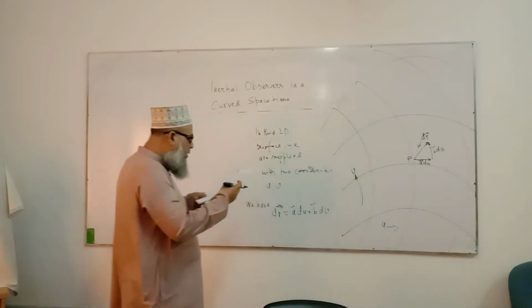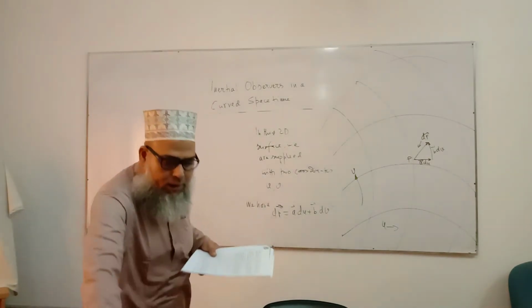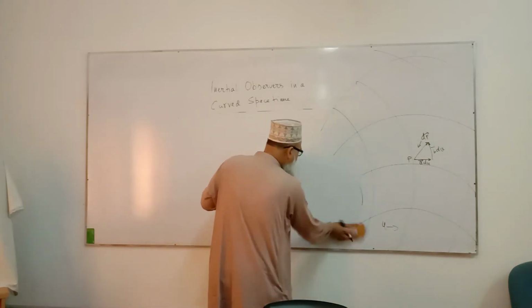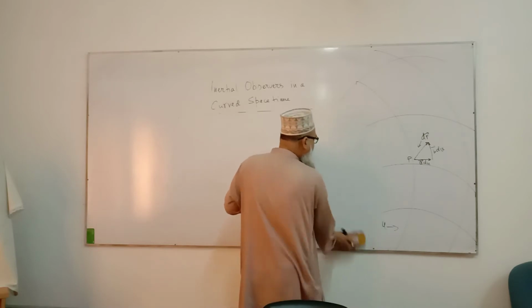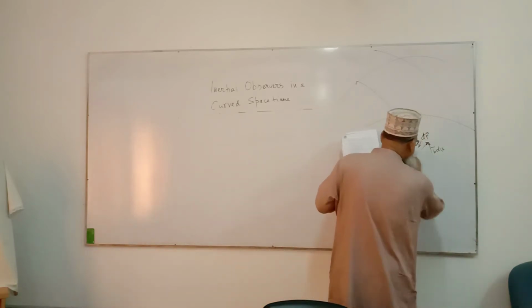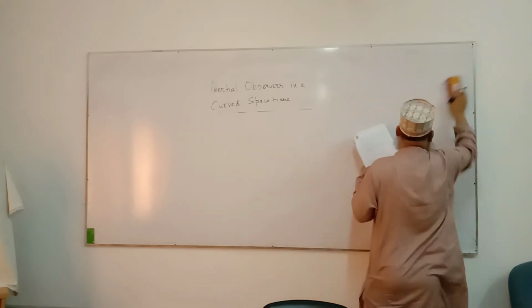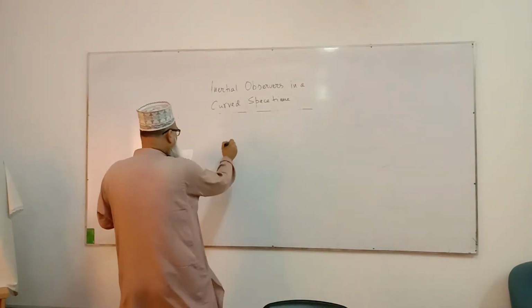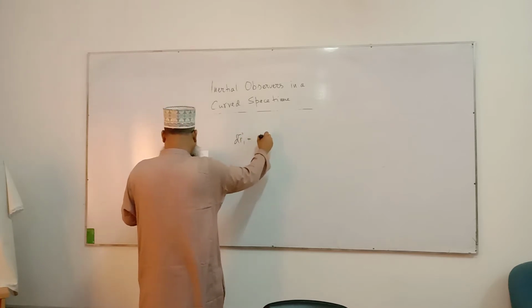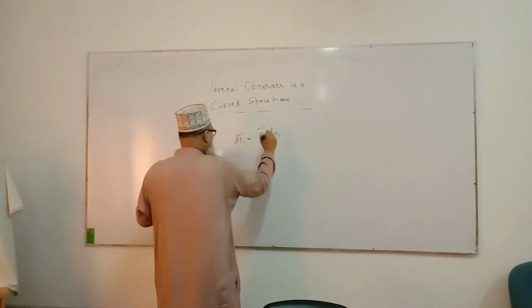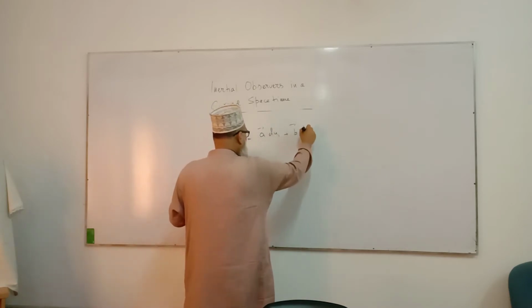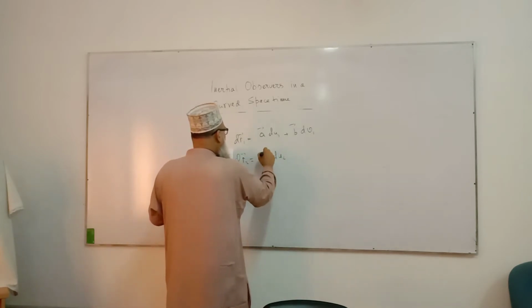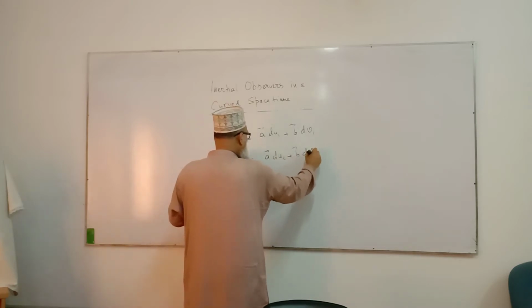Okay. Now take two vectors dr1, dr2. dr1 is a du1 plus b dv1. dr2 is a du2 plus b dv2.